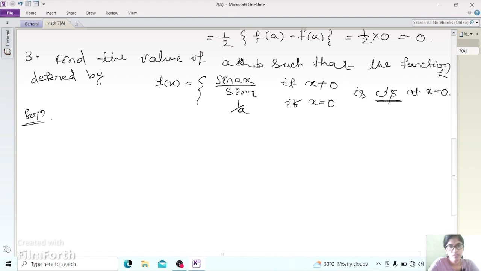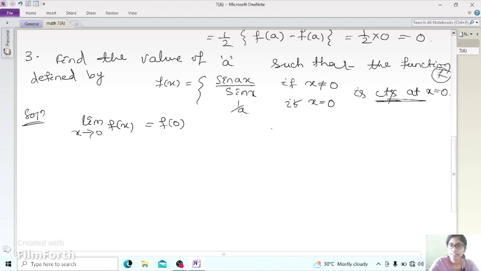Solution, find the value of a. Function f is continuous means limiting value equal to functional value. That means we may write limit x tends to 0 f of x is equal to f of 0.